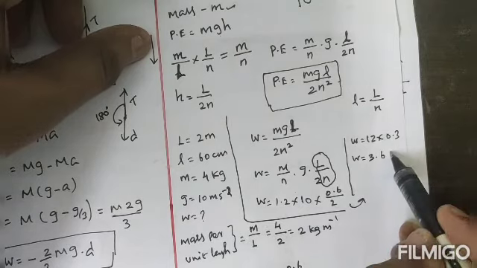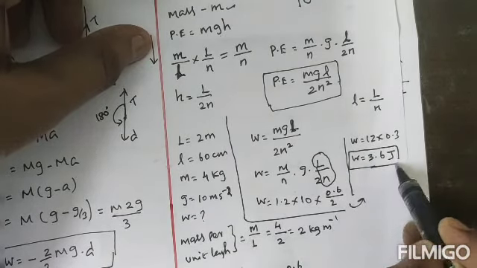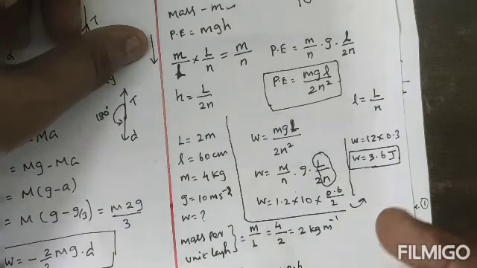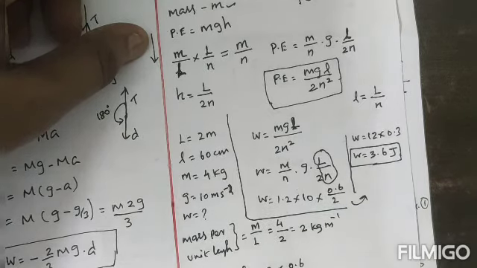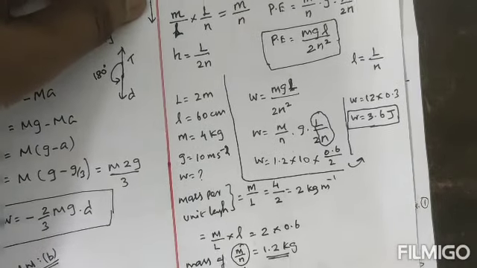So the answer is 3.6 joule. Okay, student, if you apply this much energy as a pulling force, then finally the entire chain is on the table. I hope you understand this concept. Okay, thank you.